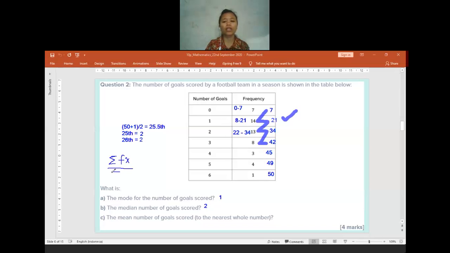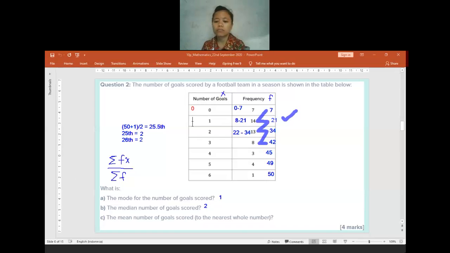F is the frequency, X is the value. So now this is for the number of goals. We make the goals X, the frequency F. Fx means F times X. We need to find the calculation for each fx. So 0 times 7 will be 0.